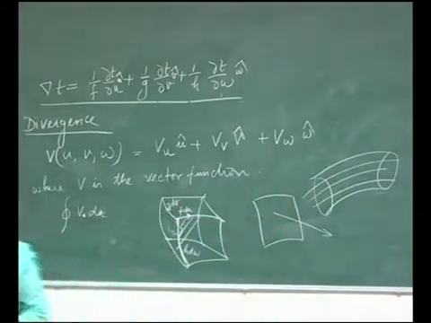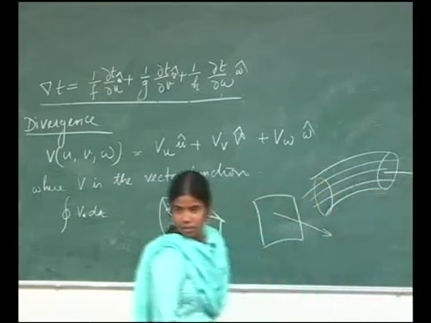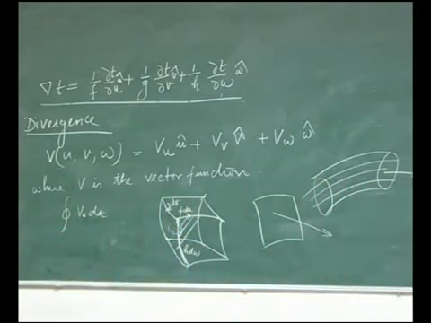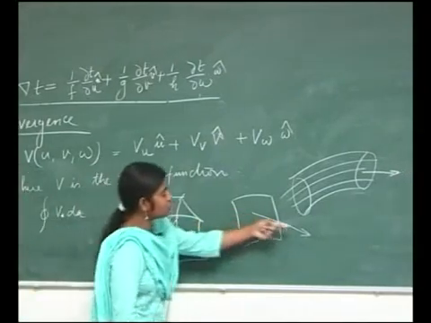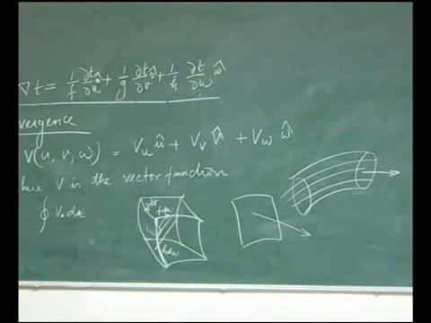So this is the rule: whenever you have an area, the perpendicular direction is the direction of the vector. Is it clear?